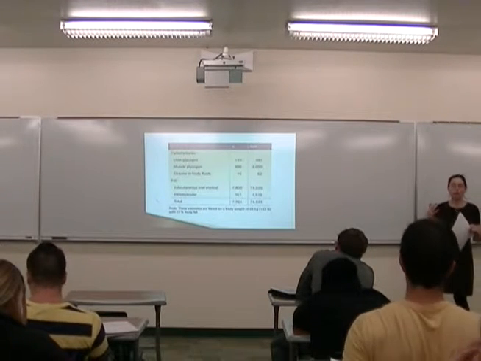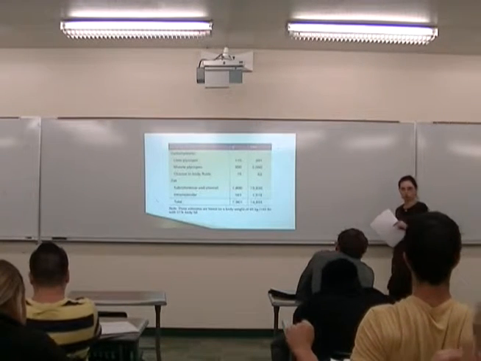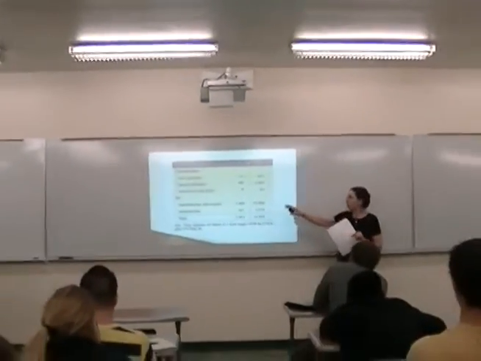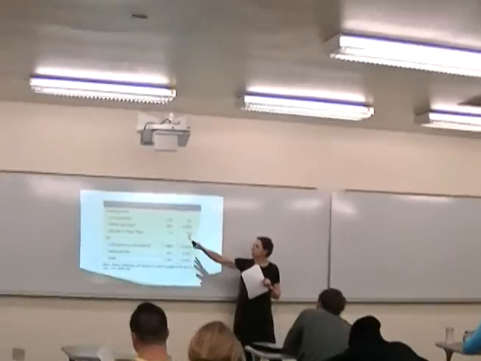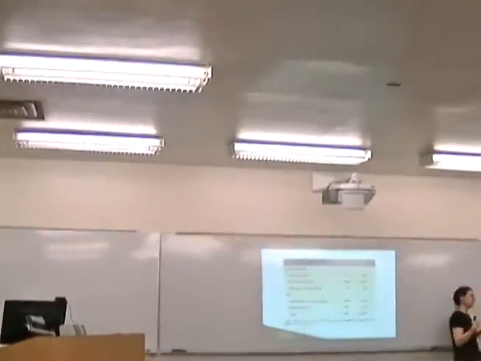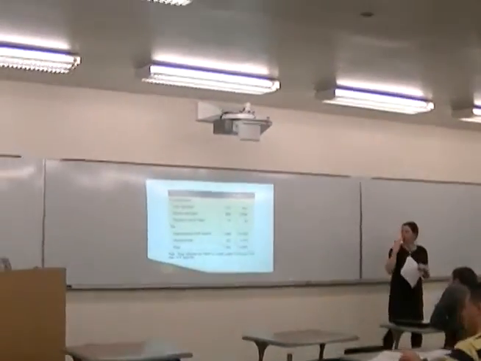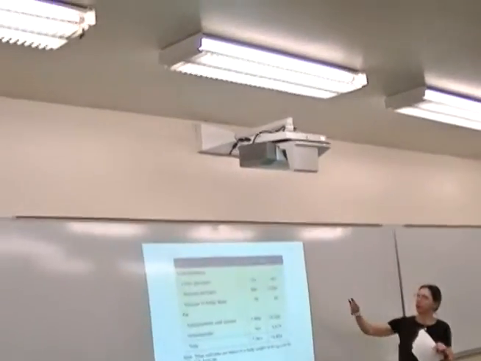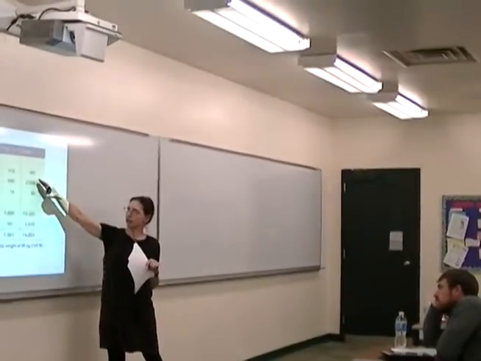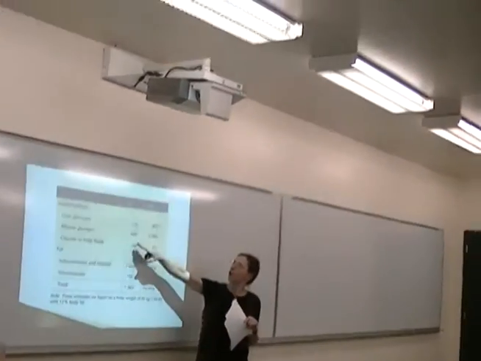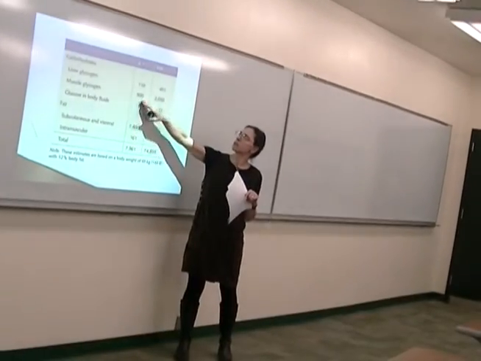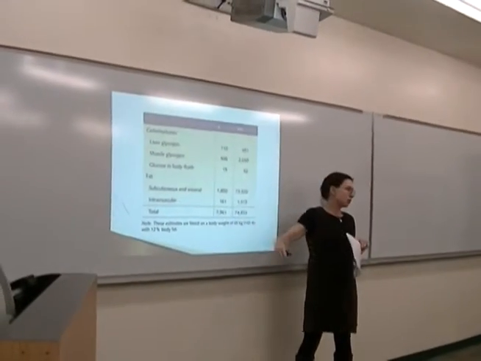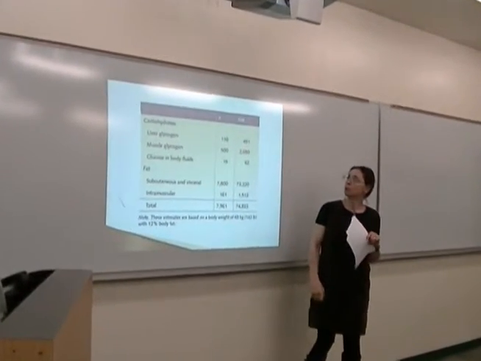So if we look at energy storage in a human, then we're looking mostly at carbs and fats. We'll talk about proteins in a minute. Then I'm looking at a carbohydrate of around 625 grams.